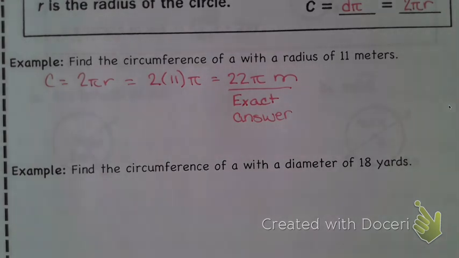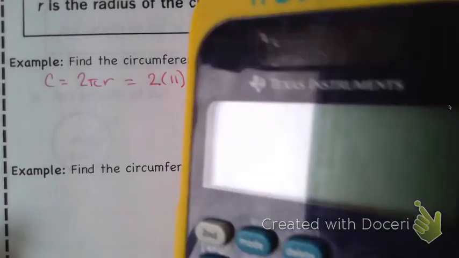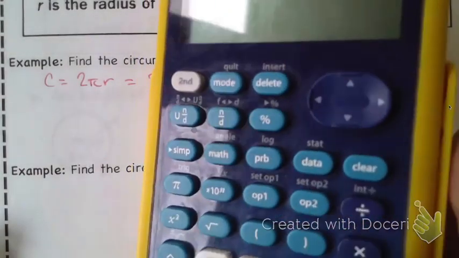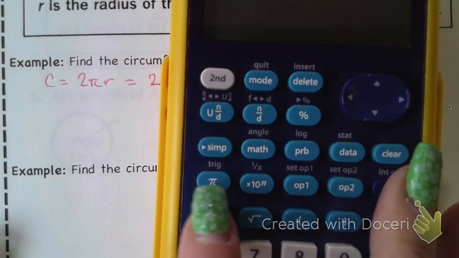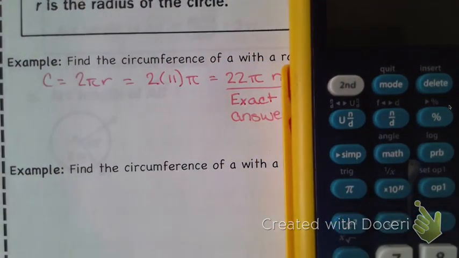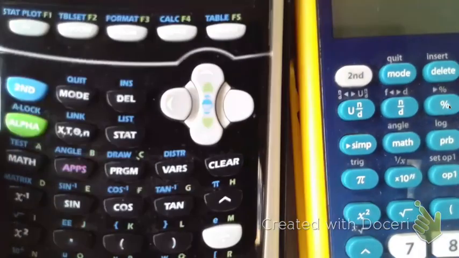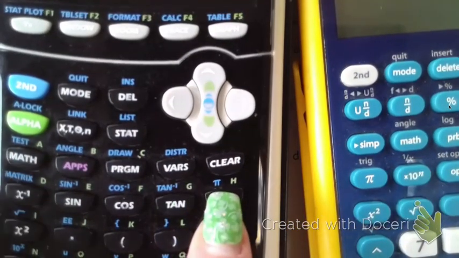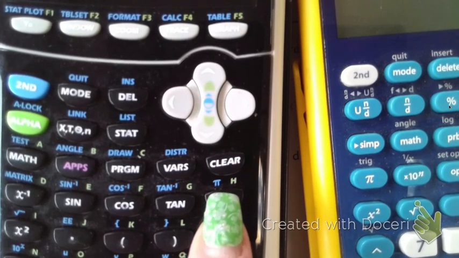Here's what you're going to do. If you don't have your own calculator, you're going to use these on the test, and there's a pi button right here. See it? If you're using your calculator on your phone, there is a pi button right here, and it's second caret.